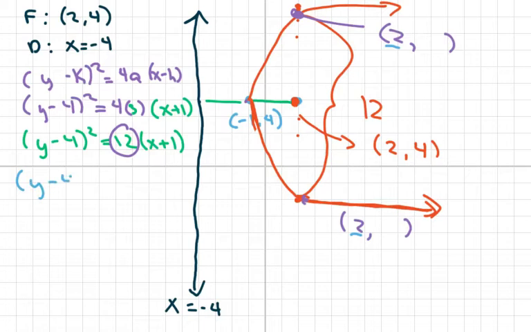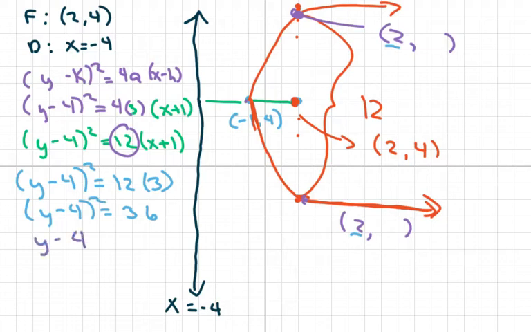So when you do that, you plug in 2, you're going to get times 3. This 2 plus 1 is 3. Square root, okay, this is 36. Square root both sides, and you get y minus 4 equals plus or minus 6. So we get y equals plus or minus 6 plus 4. And that's going to be y equals 6 plus 4 and negative 6 plus 4.